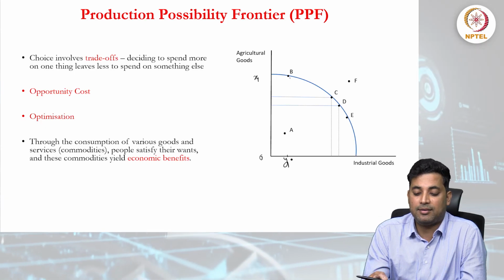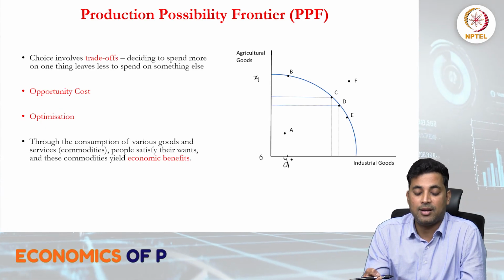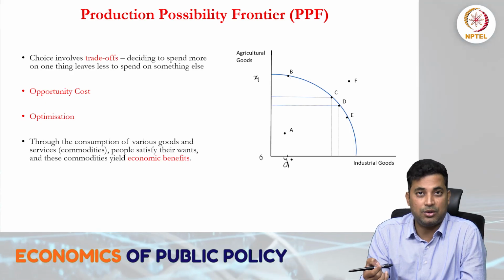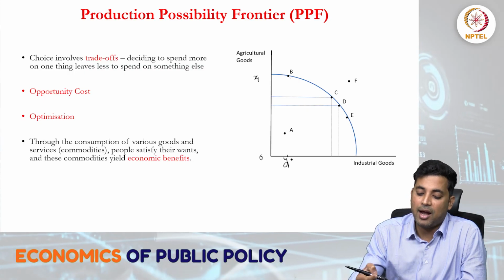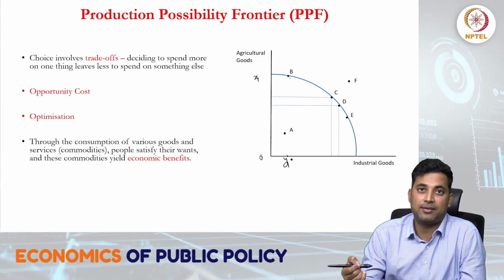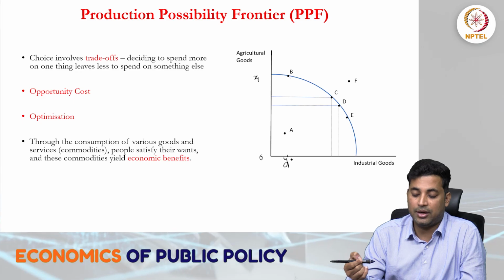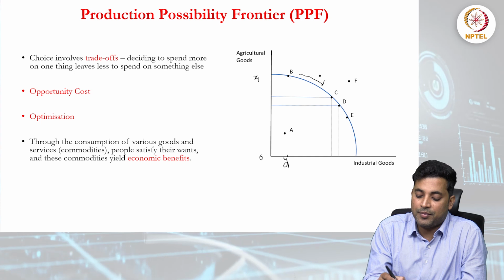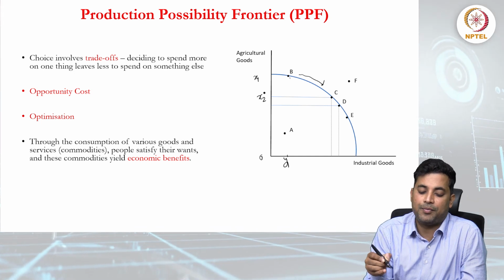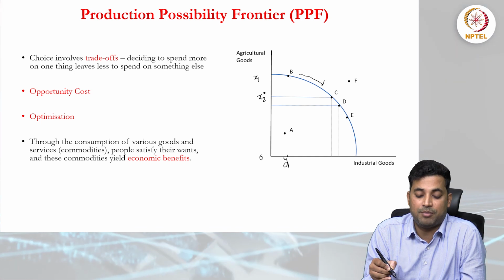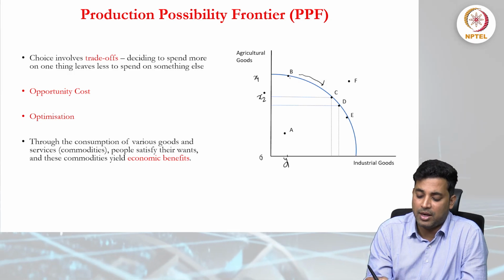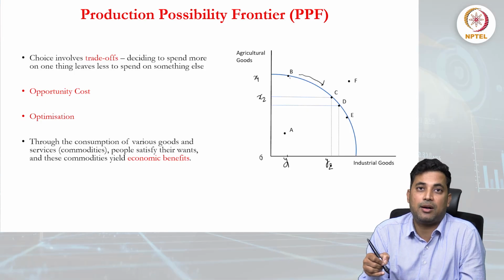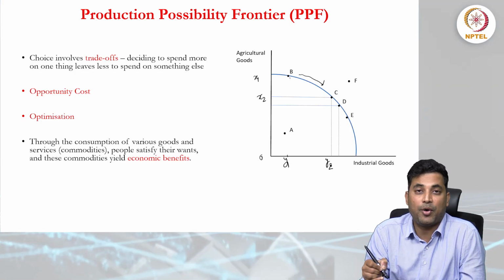At point B it is clear that as a choice we are producing more agricultural goods as compared to industrial goods. Now if I want to progress with industrial goods, then I move from B to C, where X2 amount of agricultural goods and Y2 amount of industrial goods are produced at point C.